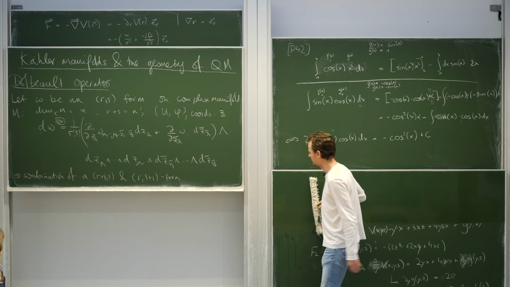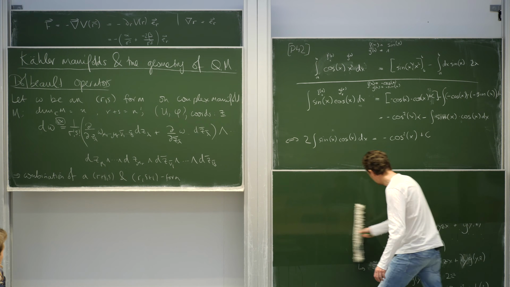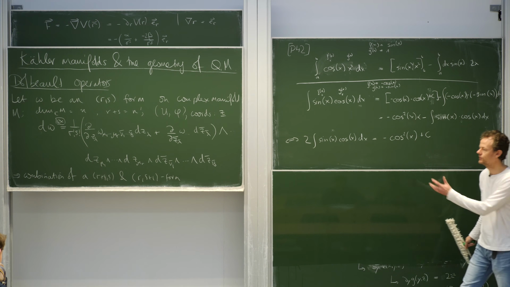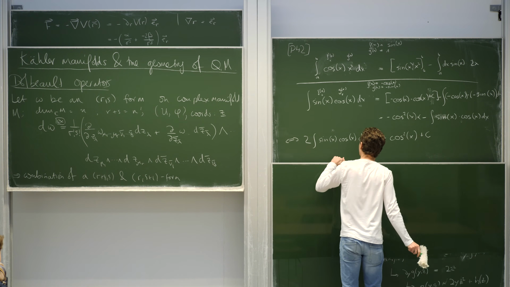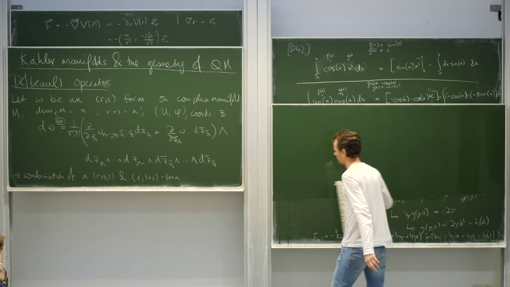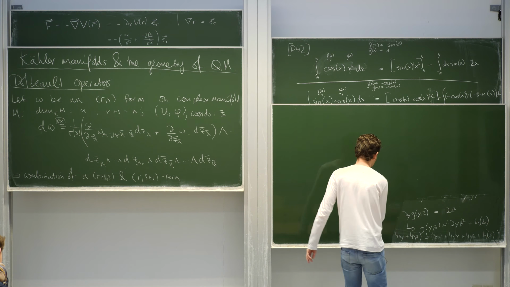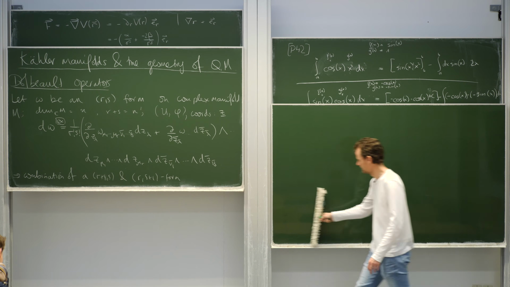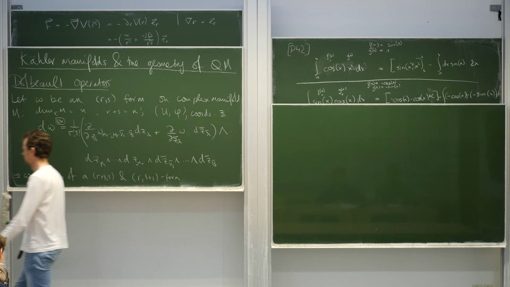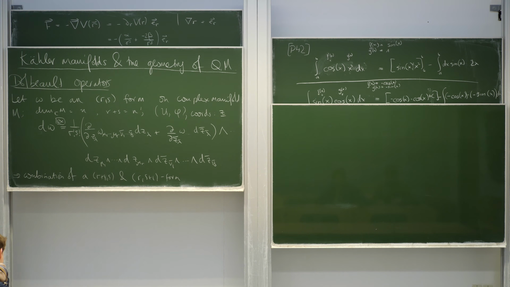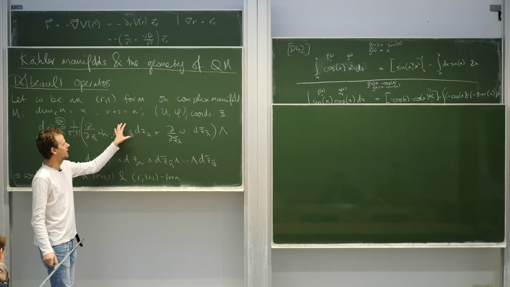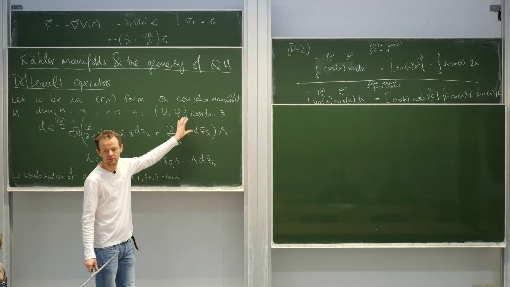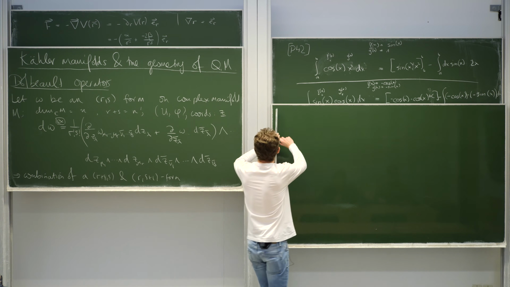We see that the exterior derivative on a complex manifold itself can be written as a holomorphic and an anti-holomorphic part. If you like, this first term here is like a holomorphic exterior derivative, and the second is like an anti-holomorphic exterior derivative.